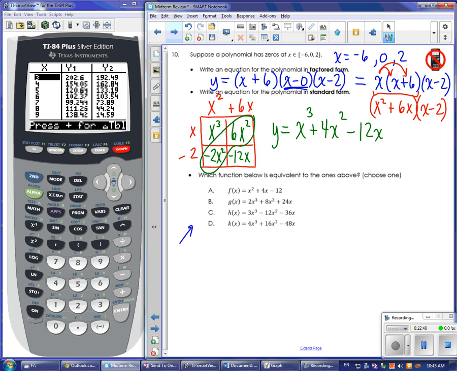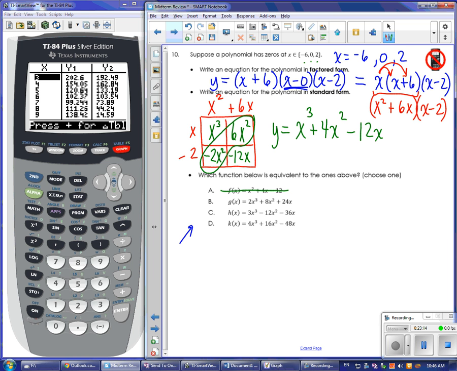So in this case, I want to look first at my exponents. Let's look at the degree. If I have 3 x-intercepts, I have to have a polynomial of at least degree 3. So that eliminates this first option. It would be impossible for this polynomial to be quadratic. The next thing that I want to look at is the pattern of the signs.